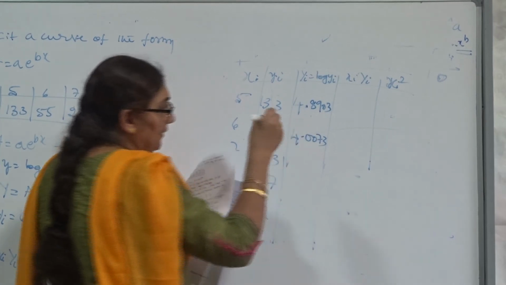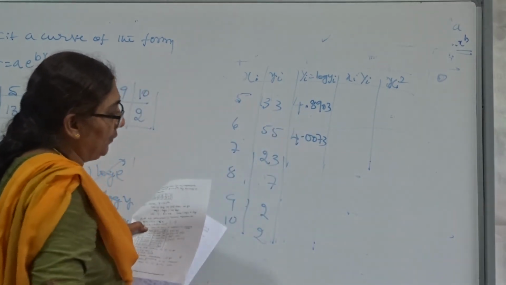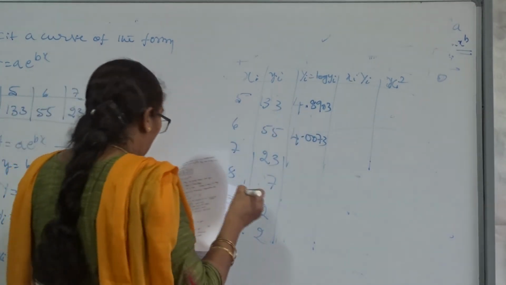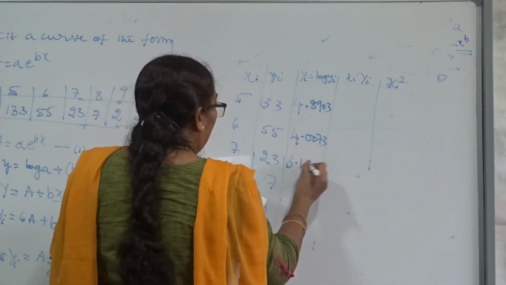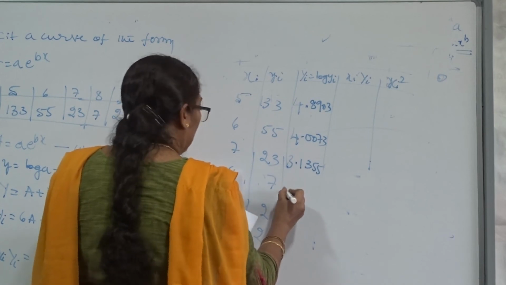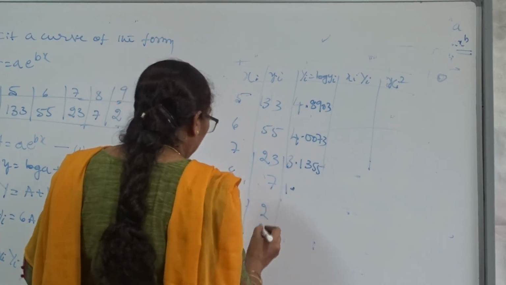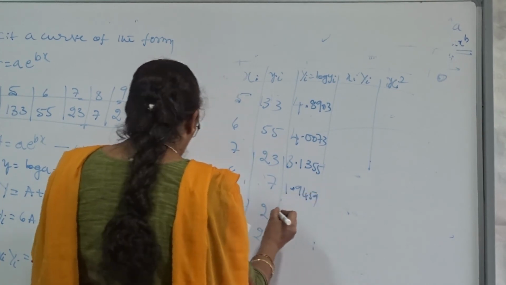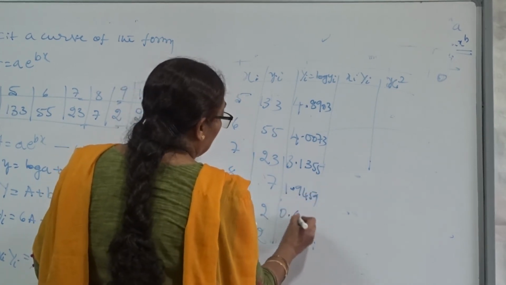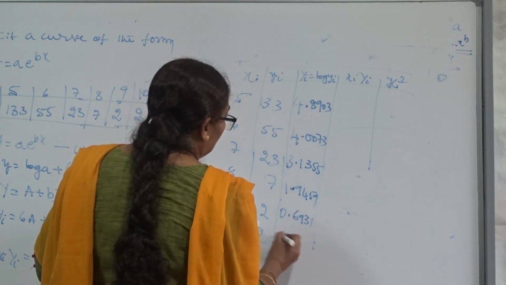Now I think everyone is clear. Once you know one or two values, it is easy to use a calculator. Log of 23 is 3.1355. Log of 7 is 1.9459. Log of 2 is 0.6931.